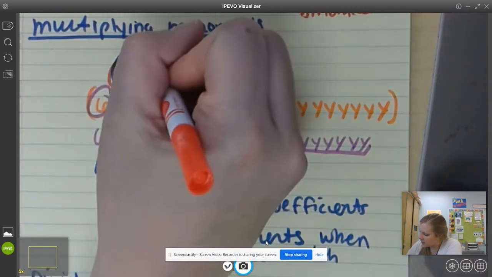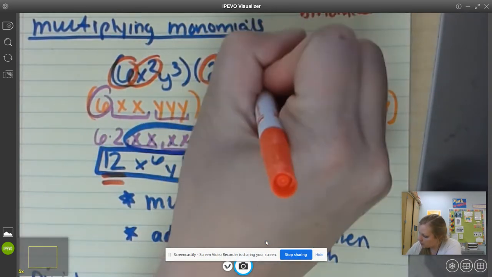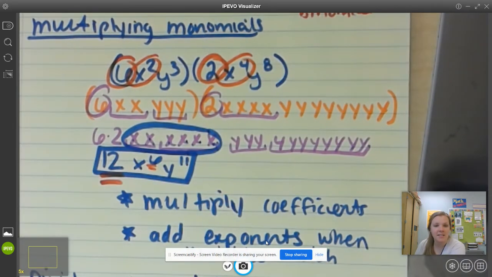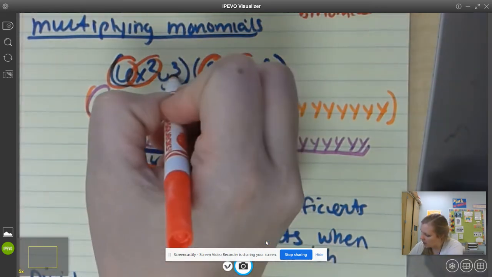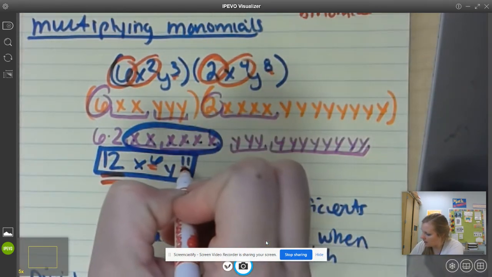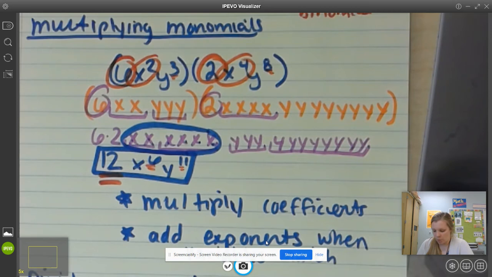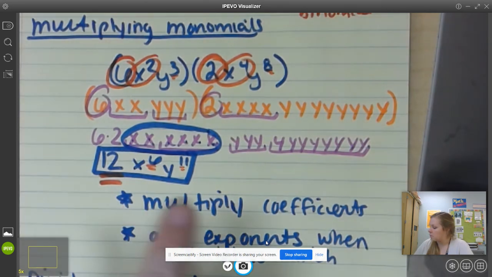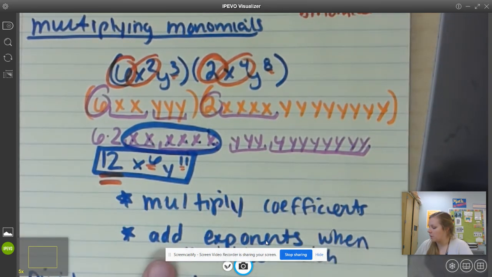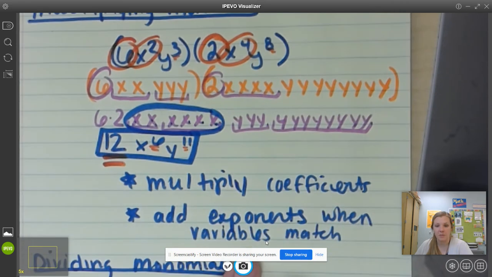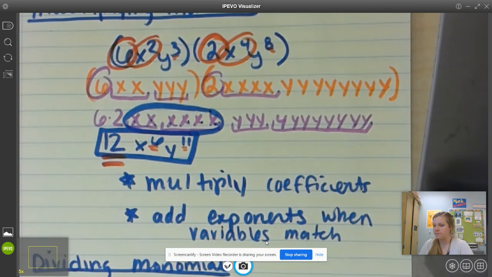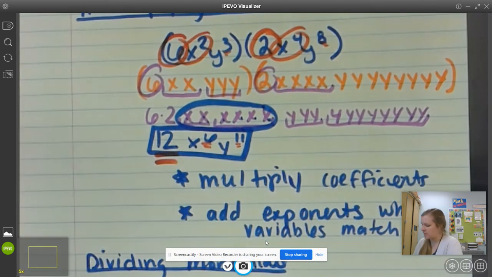So for the x's, I have 2 plus 4. That's how we got 6. And for the y's, 3 and 8 is 11. So when we do this, we're going to multiply the coefficients and we're going to add the exponents when the variables match. Let's squeeze one more example in over here.